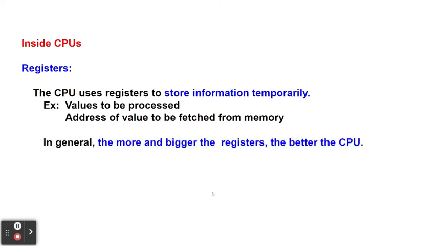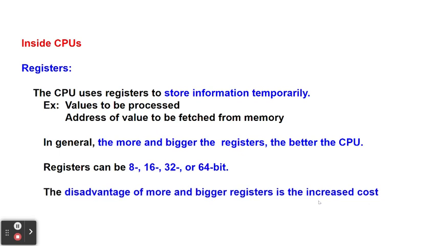In general, the more and bigger the registers are, the better your CPU will be. The registers can be 8-bit, 16-bit, 32-bit, or 64-bit. The disadvantage of having more and bigger registers is that it will increase the cost of the CPU.